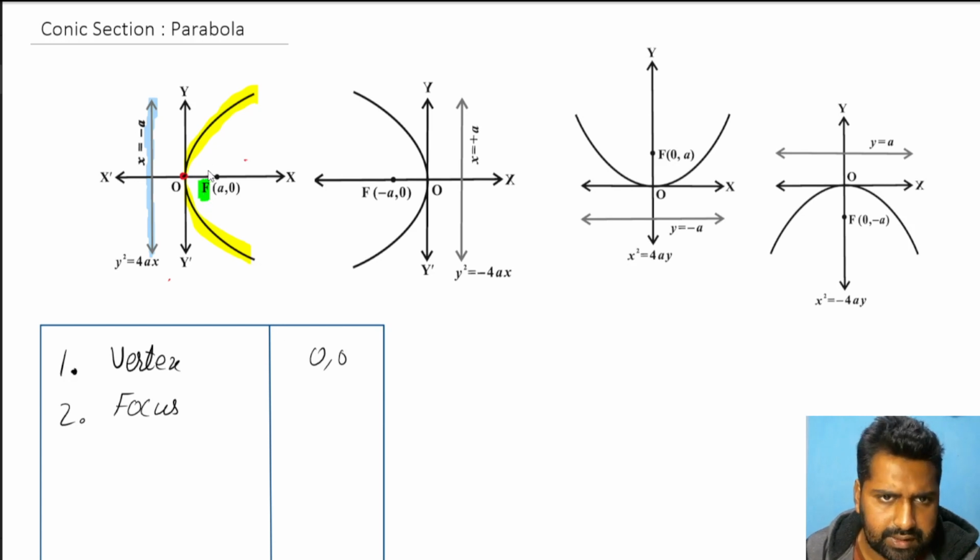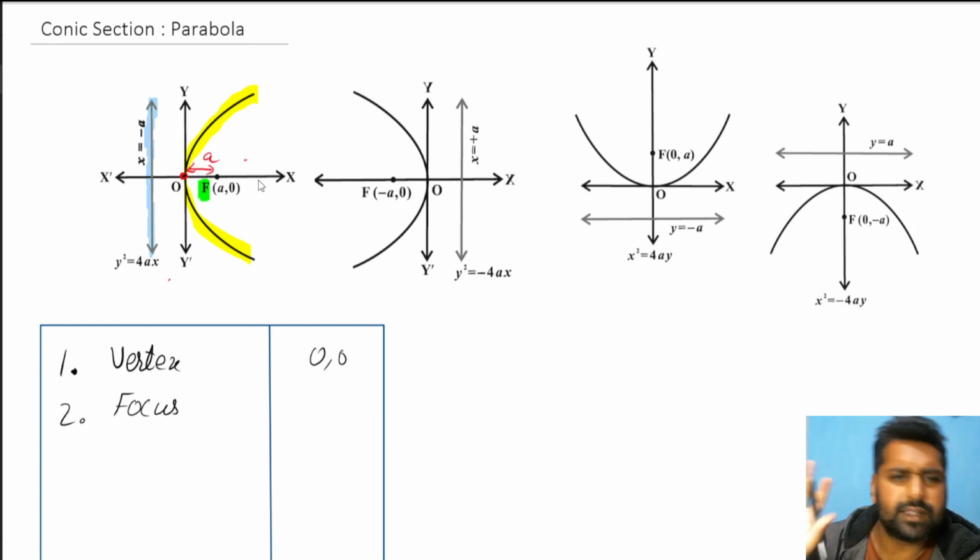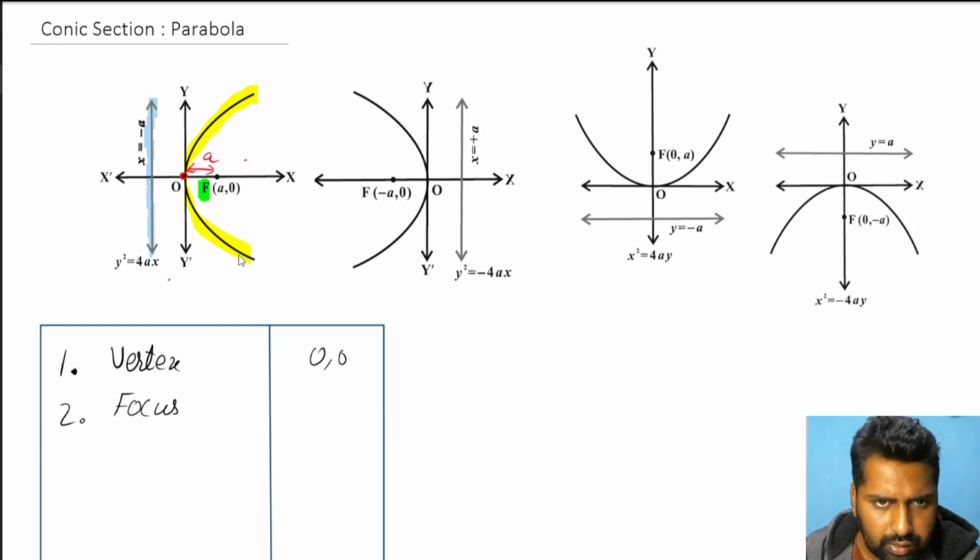The focus is right now a, 0. Remember that the distance of the focus from the vertex is always a. You consider that the focus and vertex are at a distance of a, and right now it's on the right side, so the coordinate will be a, 0. This is 0, 0.